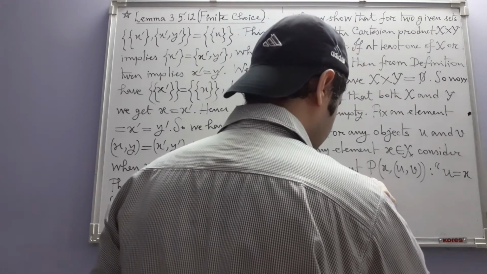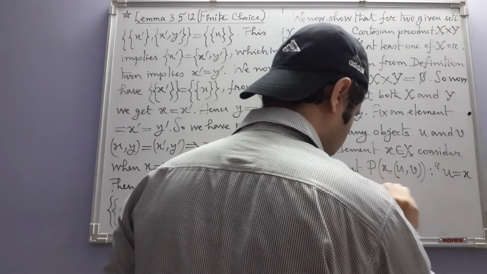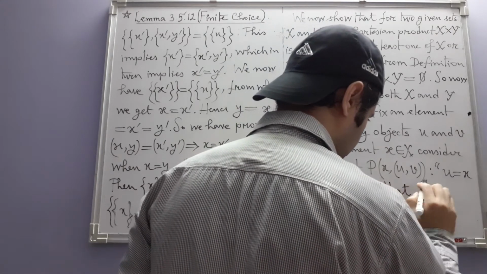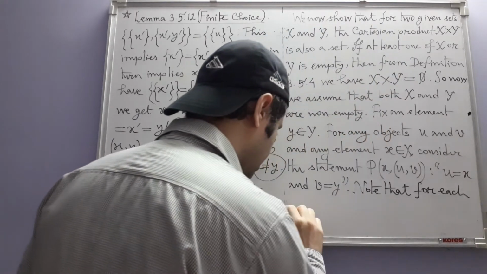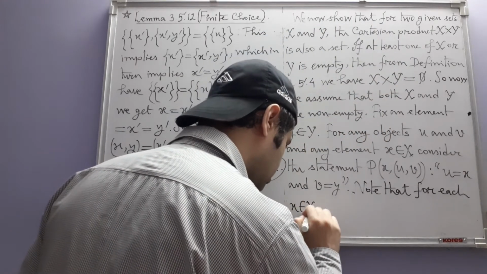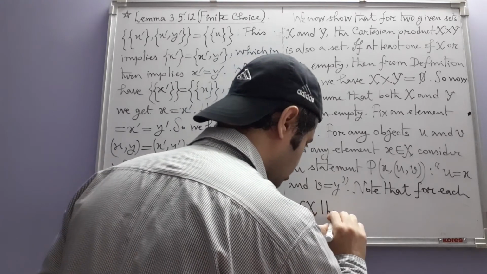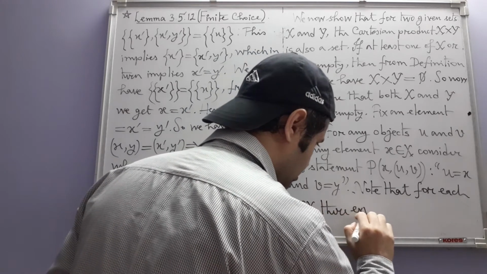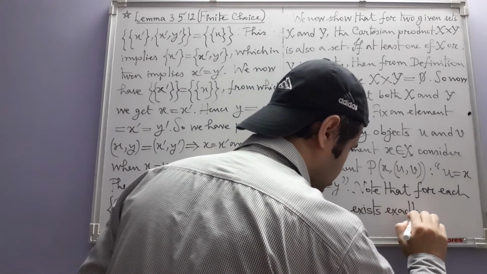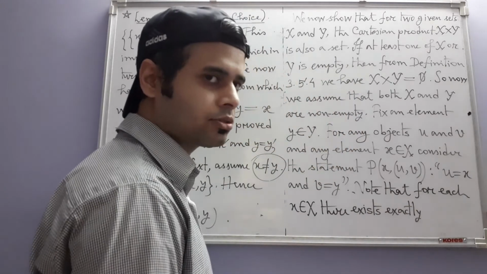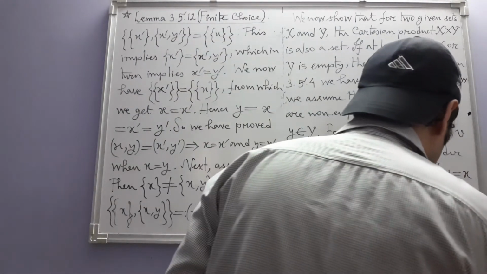Note that for each x belonging to X, there exists exactly one. Exactly one means also at most one.